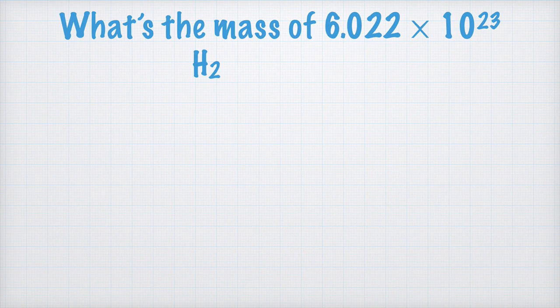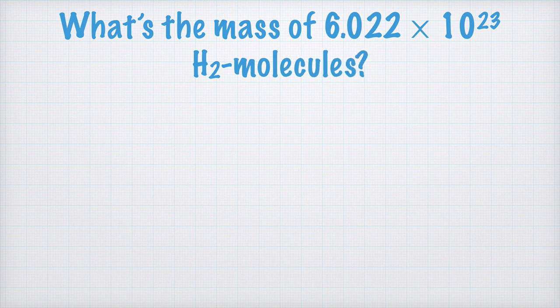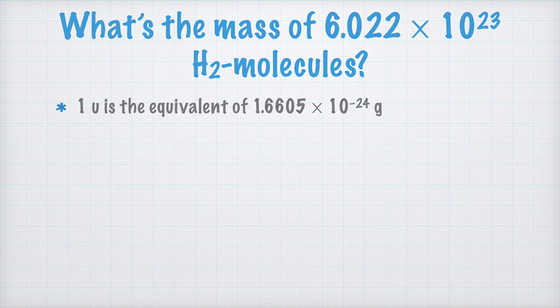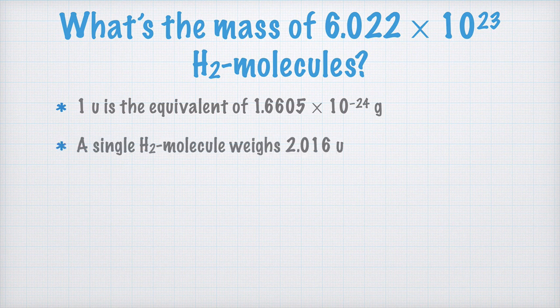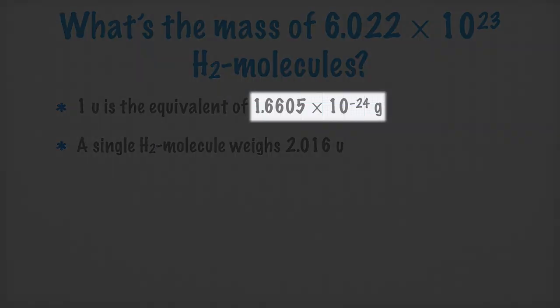But now, let's calculate how much 6.022 times 10 to the 23 hydrogen molecules weigh. A peculiar number perhaps, but soon you'll understand why I chose it. Anyway, we write that 1 U corresponds to 1.6605 times 10 to the minus 24 grams. We know that a single hydrogen molecule weighs 2.016 U, and with the help of this conversion factor, we can calculate how many grams that is.